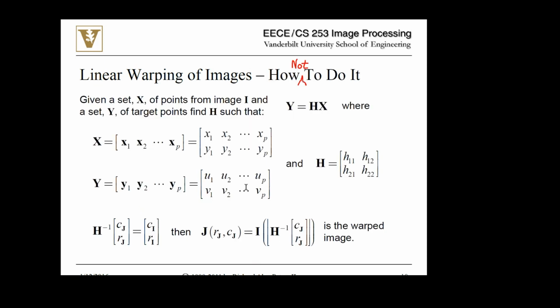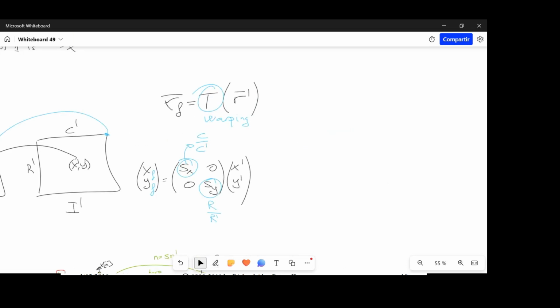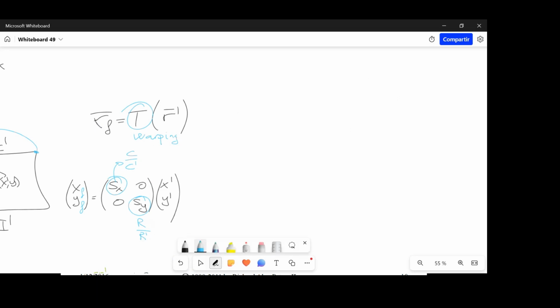Now you know a way to move this coordinate. So let's say, okay, that is a transformation that I will say it is a matrix. Let's say that my coordinate in the original image will be some coordinate in R prime.